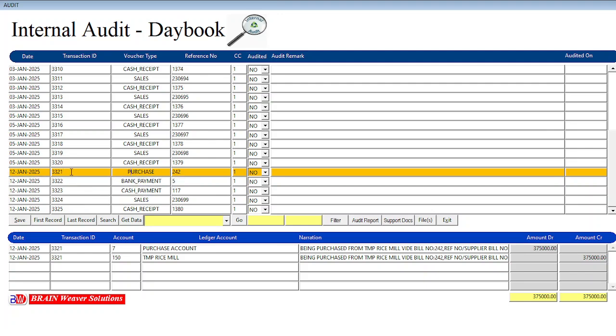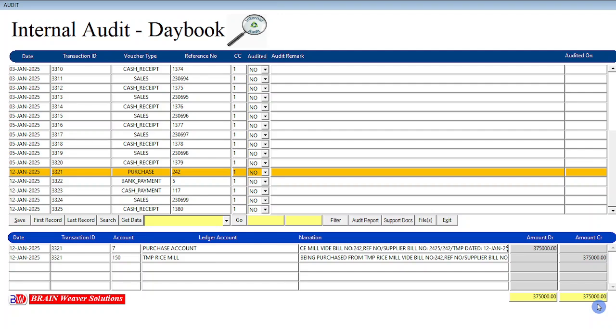Whenever we put the cursor on a specific transaction, at the bottom we can see the journal entries of that voucher. Purchase account debit to TMP rice mill. Here we can see the narration, being purchased from TMP rice mill, with bill number and supplier bill number, along with the debit amount as well as credit amount.